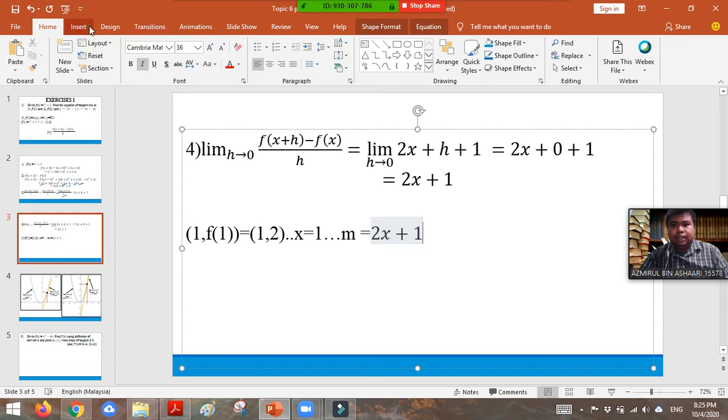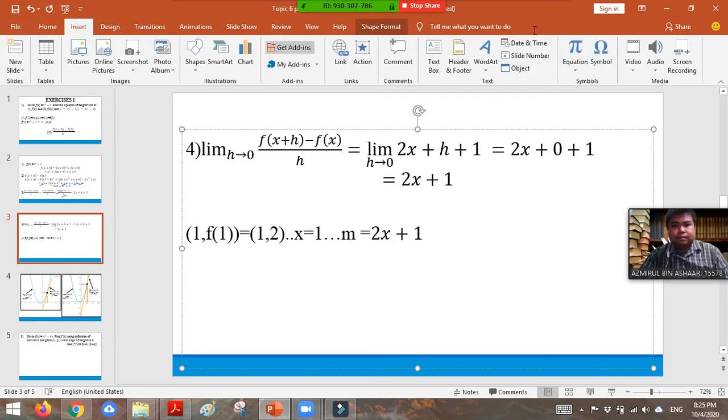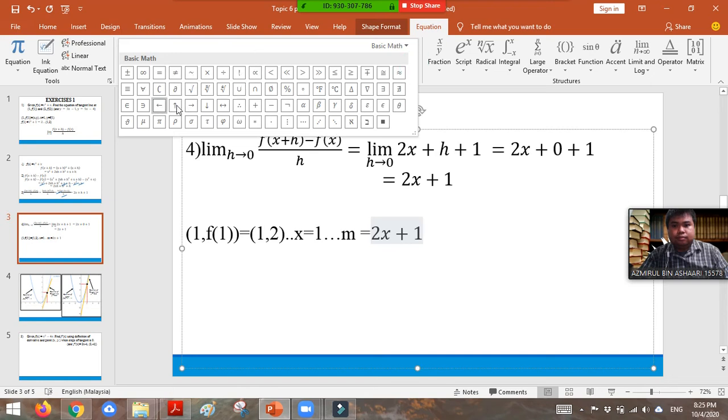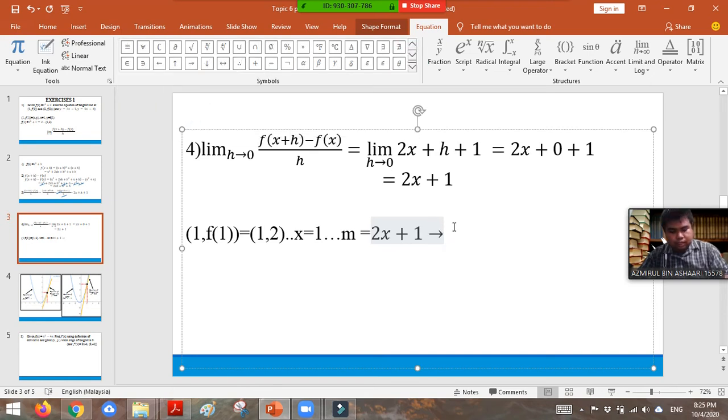So you can say that m is equal to 2 times 1 plus 1 equal to 3.